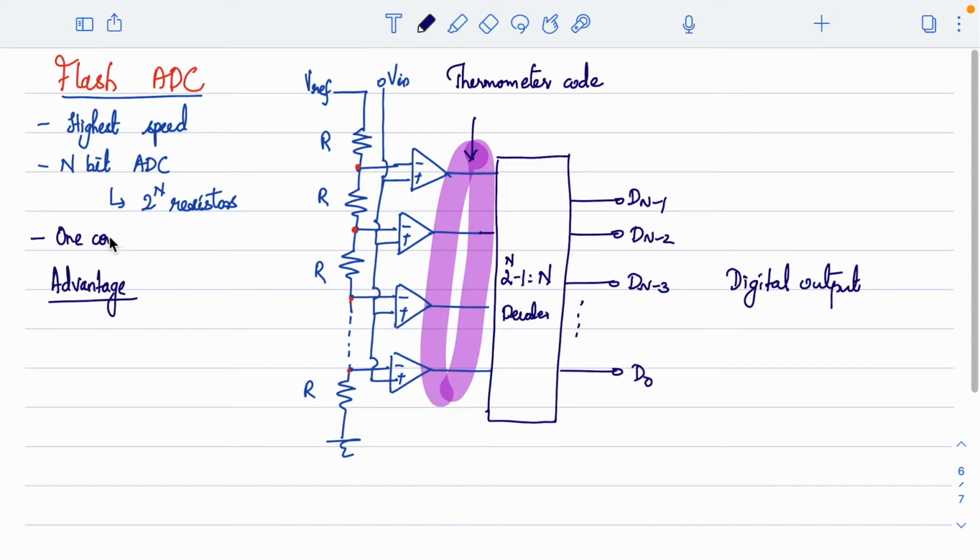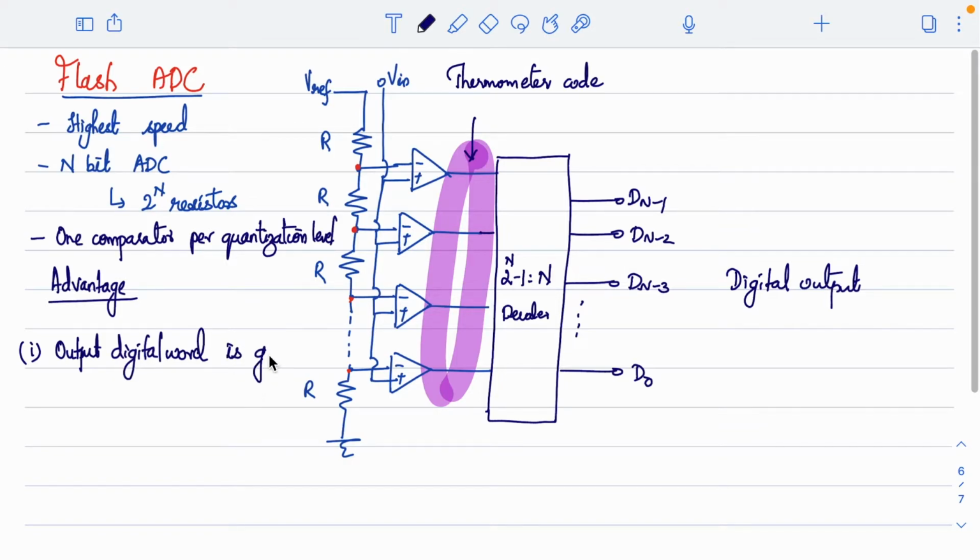One comparator per quantization level is actually a huge number, right? The very important advantage of this is that the output digital word is generated at every clock pulse.